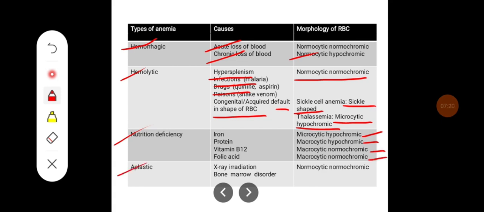Then aplastic anemia, where there will be pancytopenia, that is decrease in RBCs, WBCs, and platelets as well. It is caused by X-ray radiation or bone marrow disorders. The morphology will be normal here.